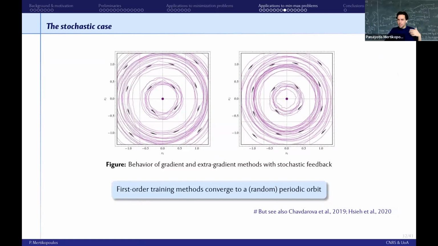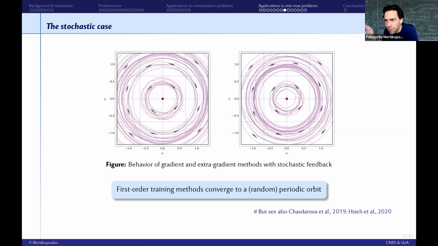And indeed, this is what we can also observe in practice, that even if we run stochastic gradient, stochastic extra gradient, whatever, what happens is that extra gradient and optimistic gradient with stochastic feedback all converge. I mean, there is some noise involved, but eventually they converge to one of these periodic orbits.